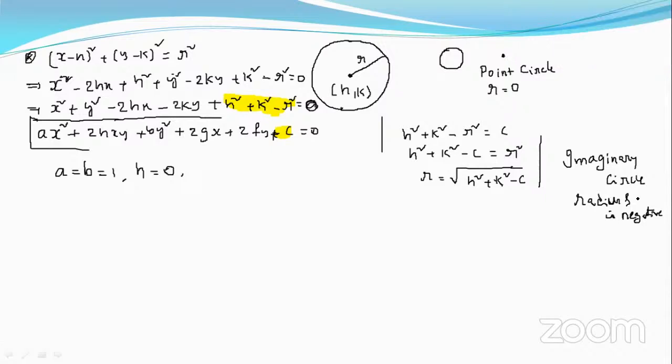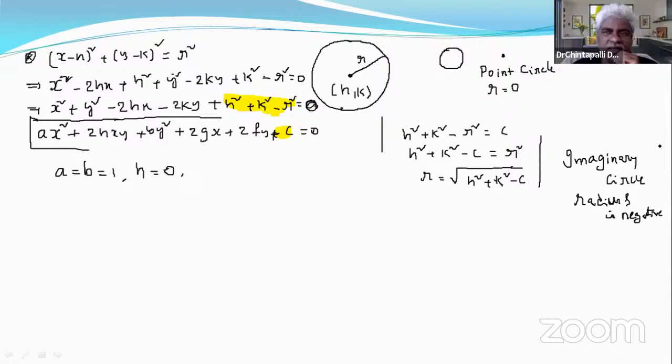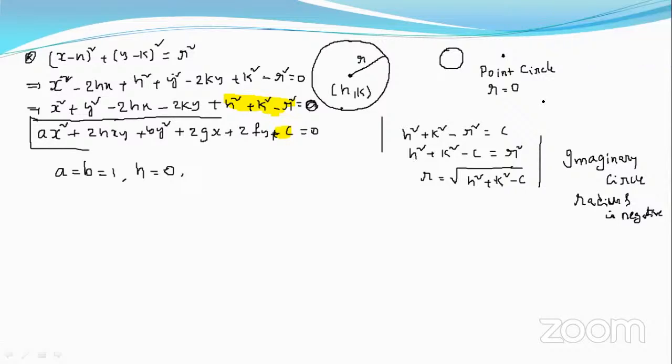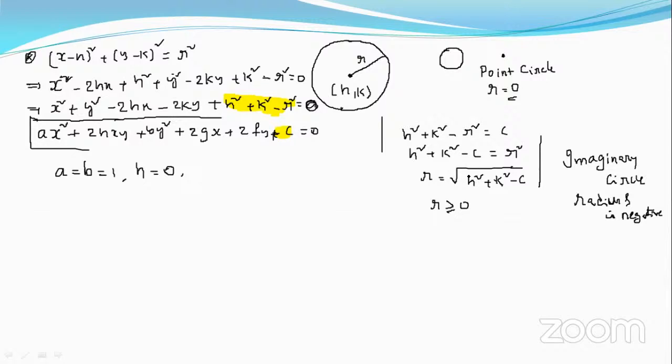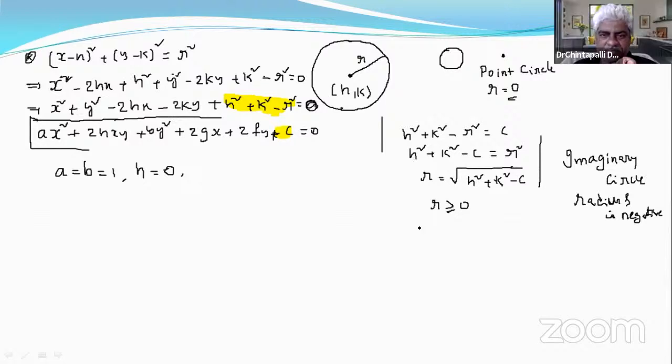So in reality, r should be 0 or greater than 0. That means r is greater than or equal to 0 in real circles, in the real world, right? R is equal to the root of h square plus k square minus c.